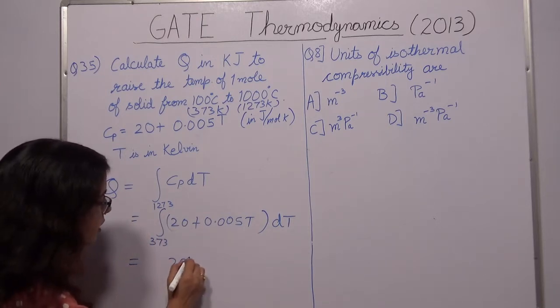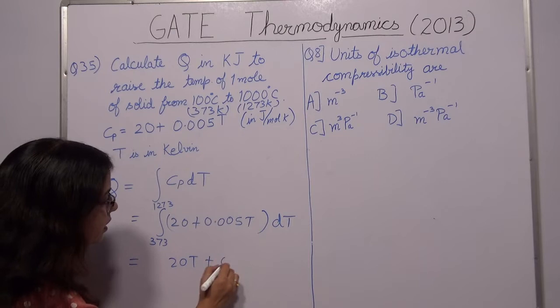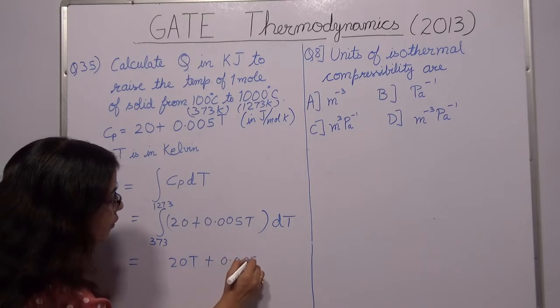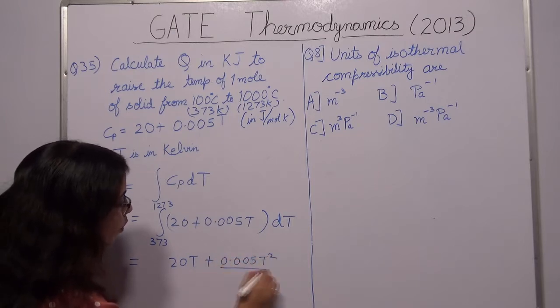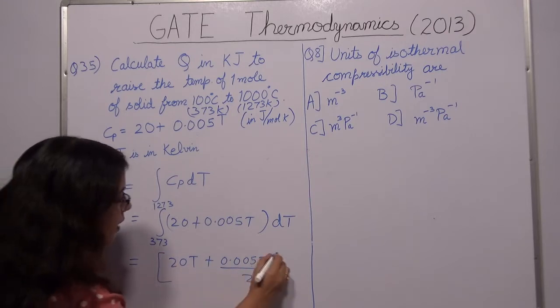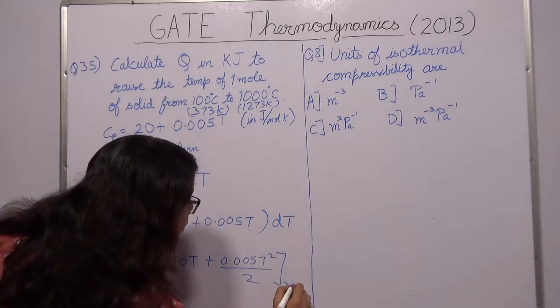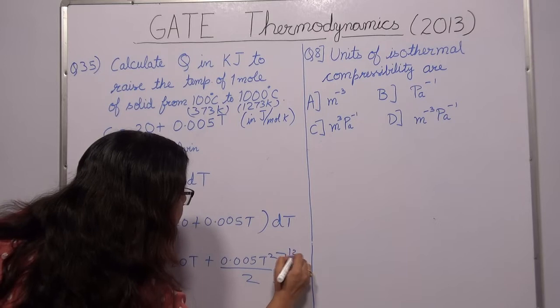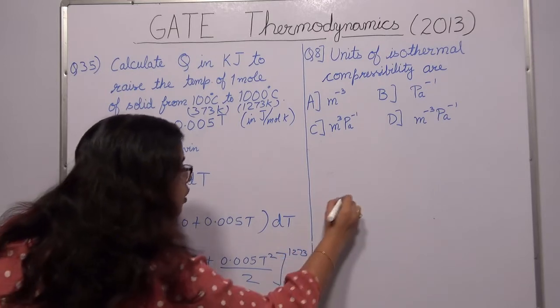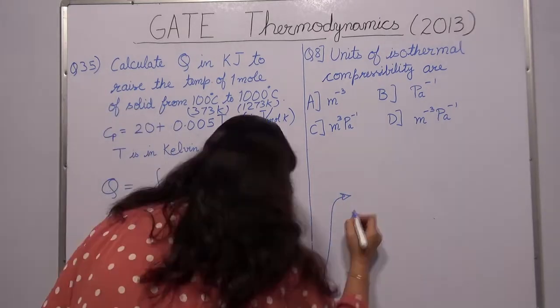It will be 20T plus 0.005 T square upon 2. Apply the limits. Solve it. I will solve it for you over here.